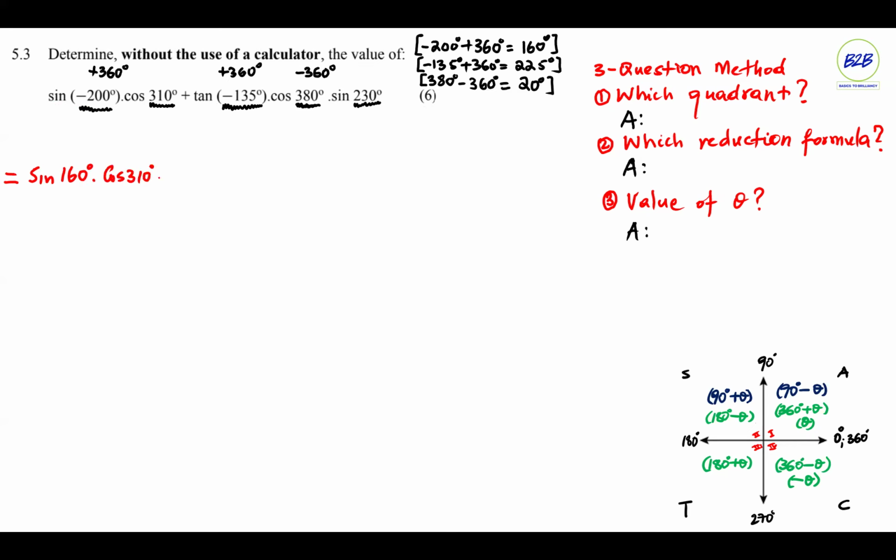We will apply the three question method. And then you say plus, and then we added 360 degrees to negative 135. What did we get?